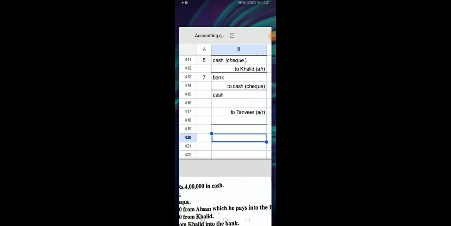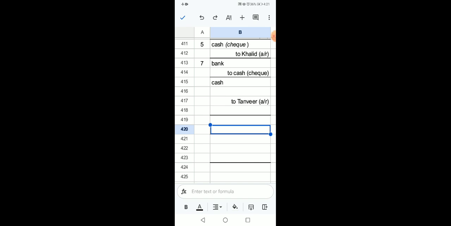One third aspect, as I mentioned earlier in entry number 8, is that there is a discount of rupees 600. Only one word is mentioned, that is discount, and it has not been mentioned whether it is discount allowed or discount received. So you will decide. You are receiving cash, so it is your authority to allow discount or not.